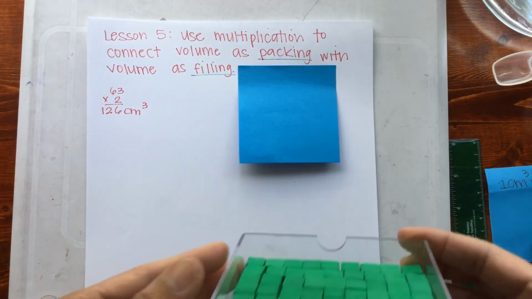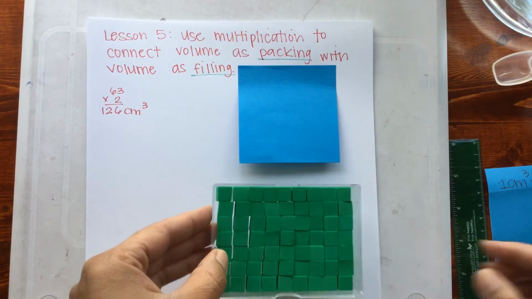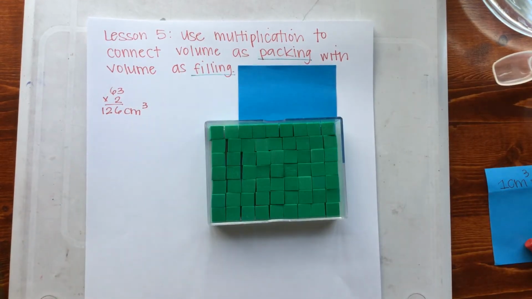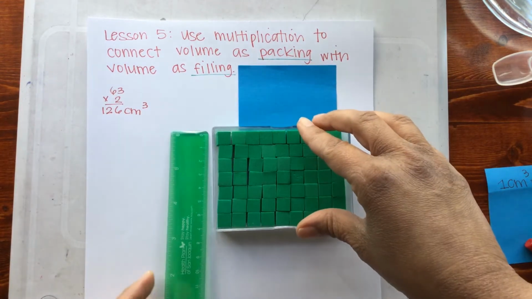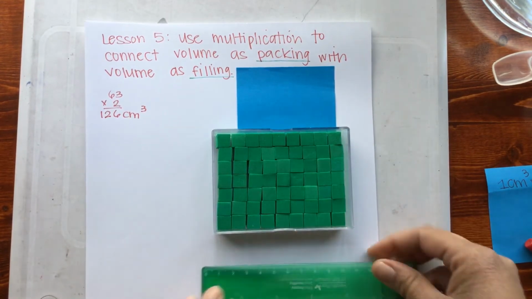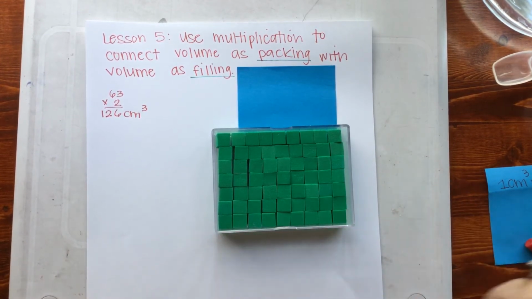Another way to find the volume of a structure like this is to measure its side length. So we would be able to do some multiplication. So if I were to measure this, I'm going to measure its length first. So that's about 9.5.